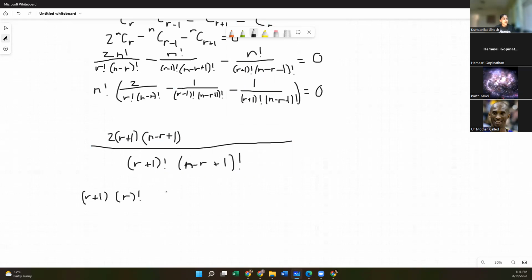We have n minus r plus 1 factorial, which can just be rewritten as n minus r plus 1 times n minus r factorial. Again, we have the n minus r factorial right over here, so that cancels out. And instead, what we're left with is n minus r plus 1, which is what we're multiplying the numerator by. Okay. You get that? Yeah.